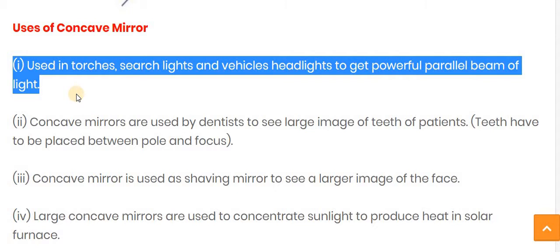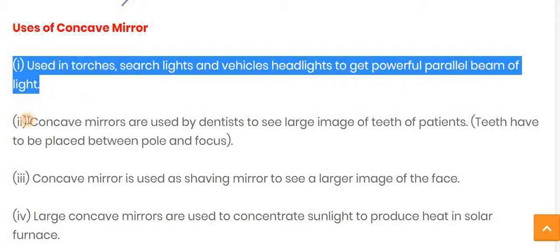Why is it useful? Because it gives a powerful parallel beam of light, so we can easily see the object.